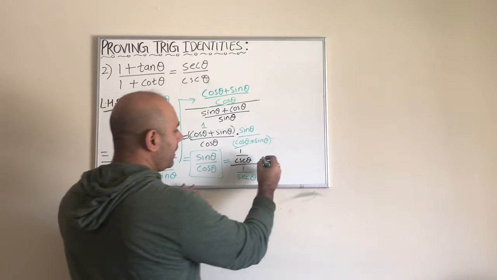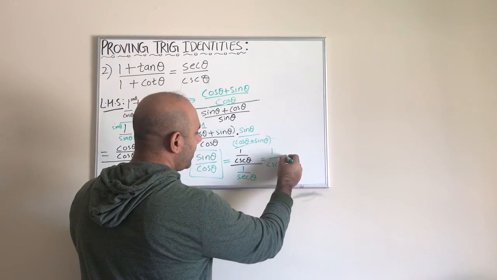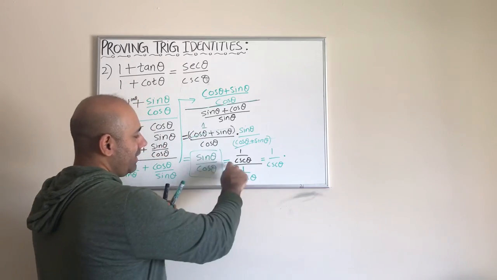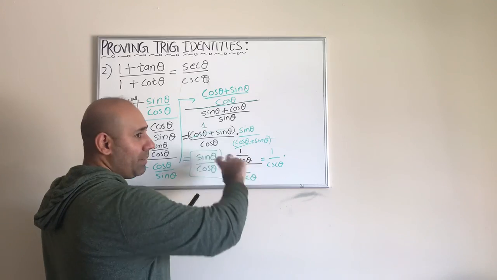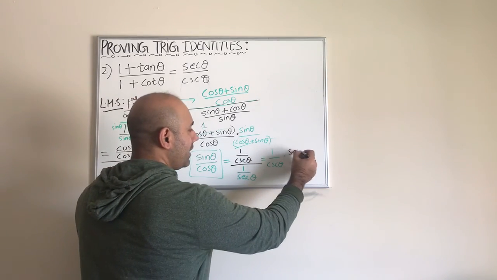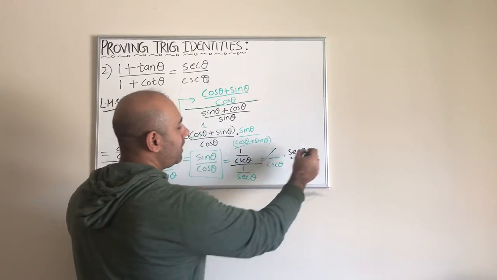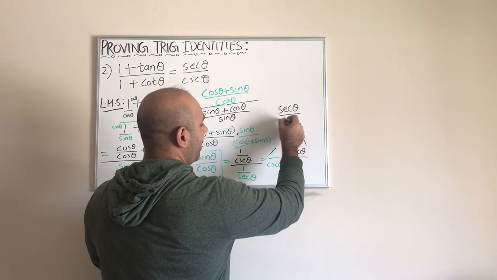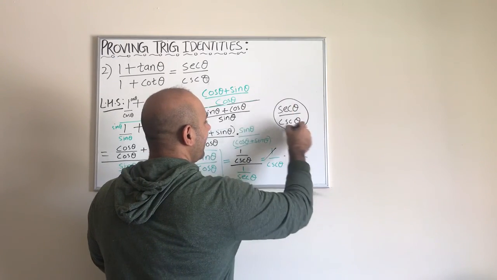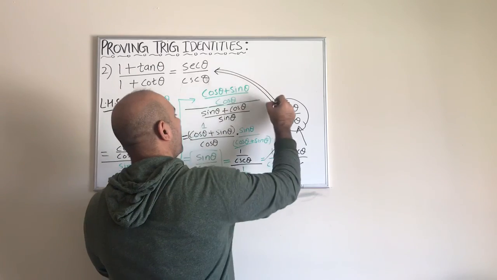So simplifying this further, it is going to be 1 over cosecant theta times, again, this division, converting it to a multiplication. This is going to flip, reciprocate, secant theta over 1. Ones don't matter, or you can just cross them out, and when you simplify this, it becomes secant theta over cosecant theta, and that is exactly what the right hand side looks like.